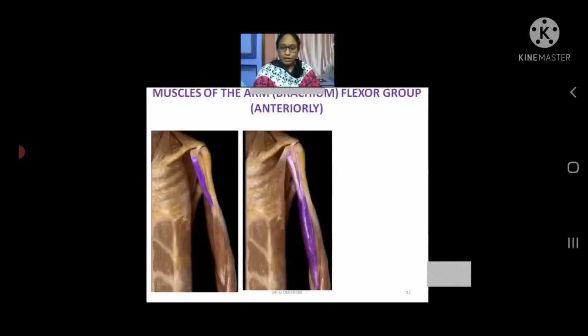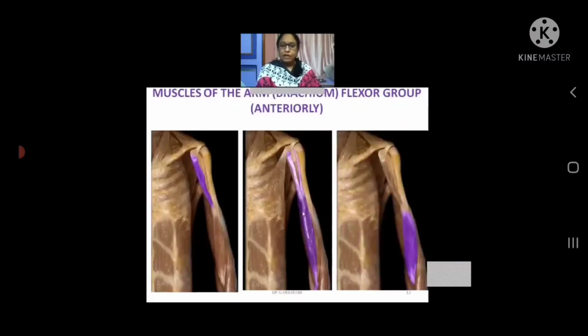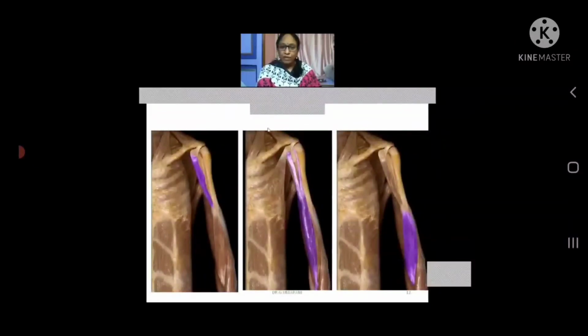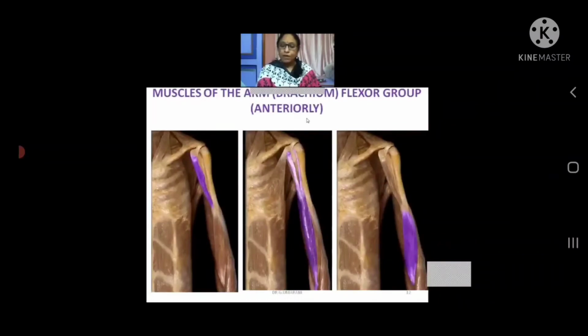The first one is the coracobrachialis, second is the biceps brachii, and third is the brachialis. So these are the three muscles of the arm region, also known as muscles of the flexor compartment of the arm. So this is about the anterior compartment.